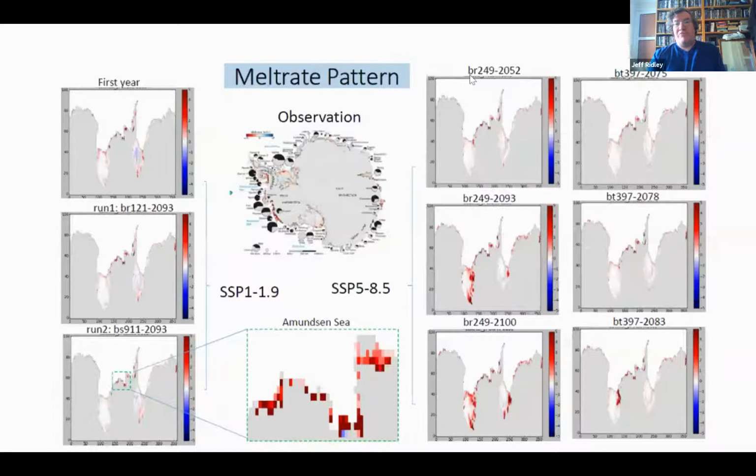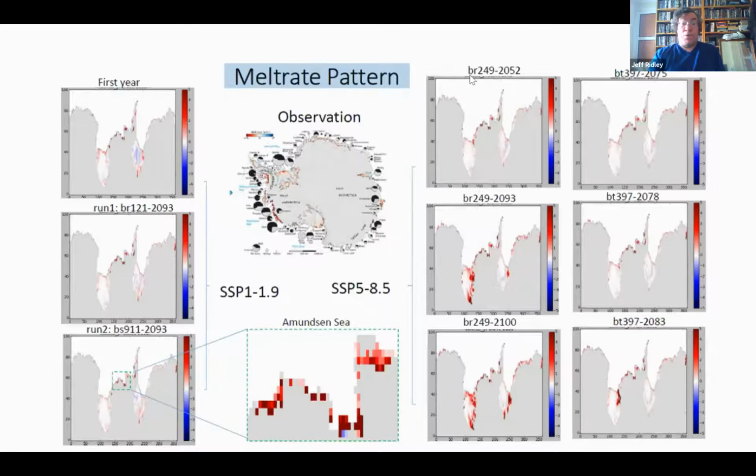And when the Ross ice shelf starts to melt depends on the ensemble member as well. But in all ensemble members it happens. So that was sort of interesting because the melt rate far outweighs any other melt rate. And in the Amundsen Sea, you get higher melt rates, as you'd expect.